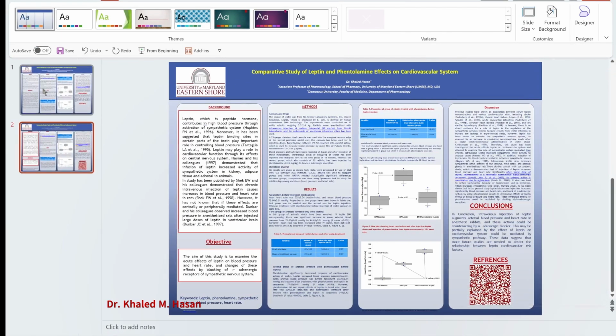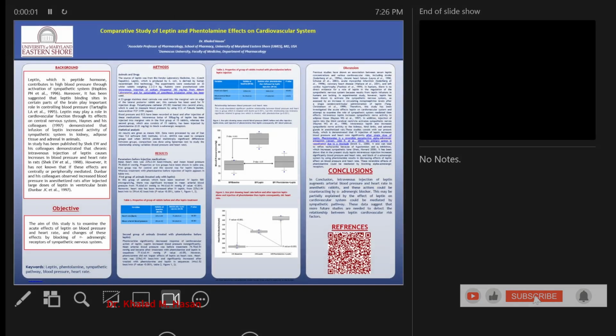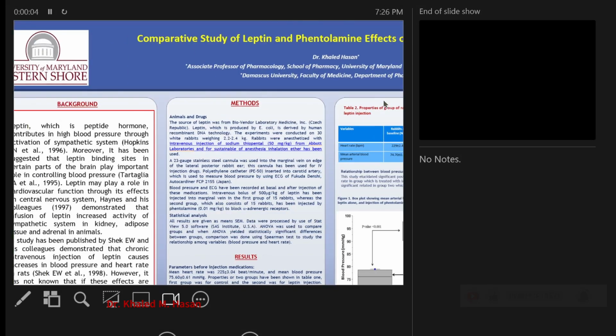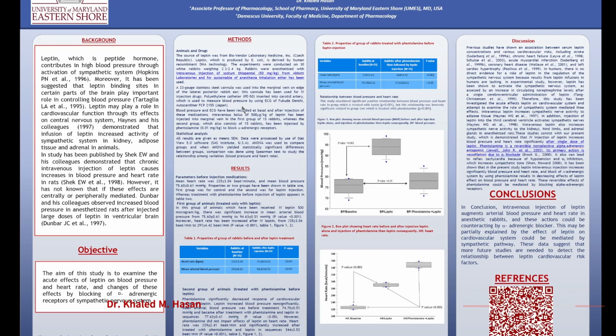Okay, as you can see, we have different approaches to the poster. I'll make it like a slideshow to show you what we have. This is the original poster I submitted, I think for a conference in 2015. You can see here we have the background, one of the columns. Next we have the objective, then methods, then results, with a table, images or a chart or graph figure, then discussion.